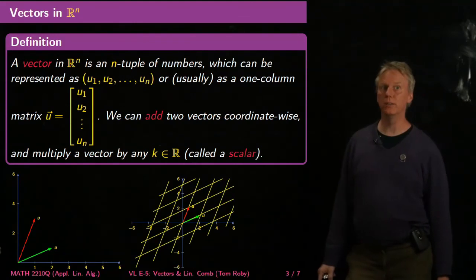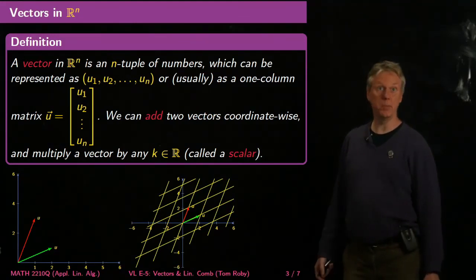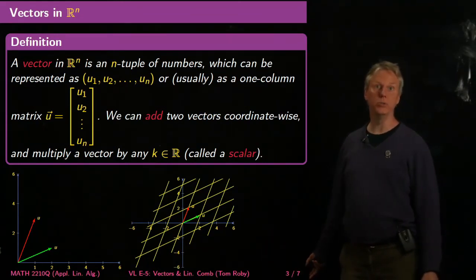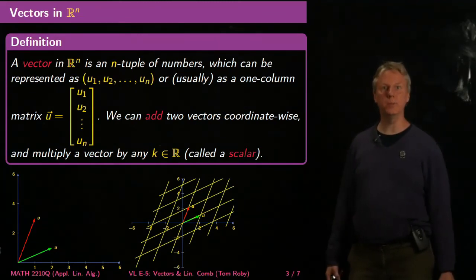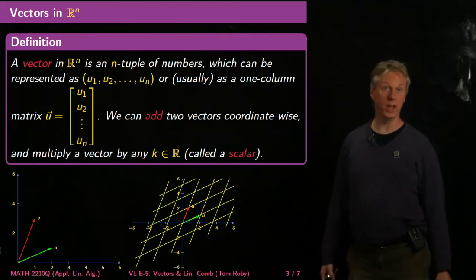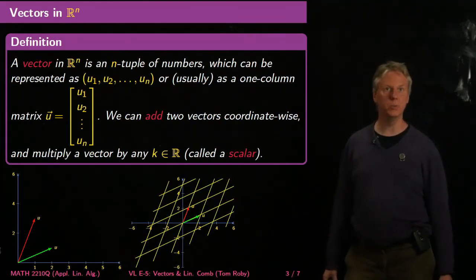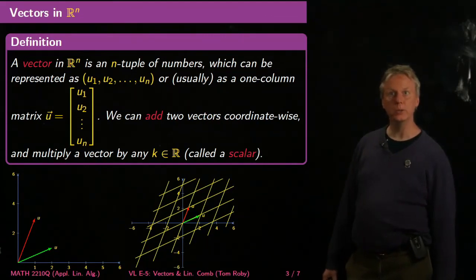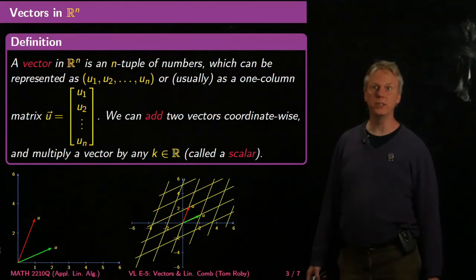But you can also think of a vector that keeps track of all kinds of data about you personally, like your age, your annual income, whether you own a house or not. All of that kind of data can be collected and analyzed, and in fact is being done so every day by various companies that want to market things to you. But abstractly, all a vector in R to the n is, is an n-tuple of numbers.